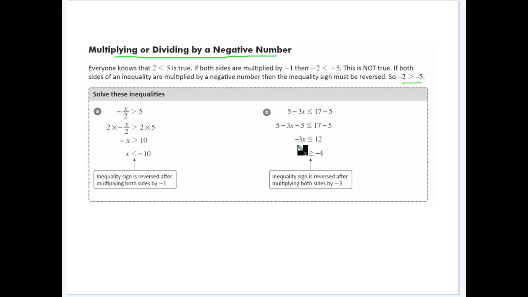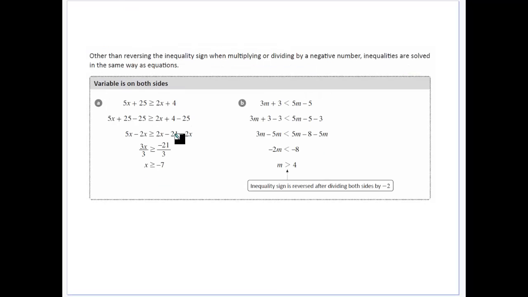Then we've got -3x less than or equal to 12, divide by -3, and it gives us x greater than or equal to -4. So you see this change in the sign happening when we do that.